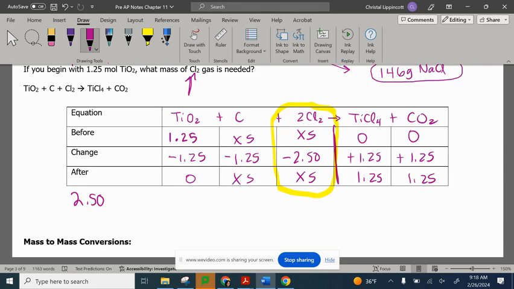So 2.5 moles, but they want grams because they said mass. So I'm going to do my dimensional analysis because Alex likes my dimensional analysis. In every 1 mole, I've got 71.0 grams of Cl2 because there's 2 chlorines there. 71 times 2.5, I need 3 sig figs, so 178 grams of Cl2.